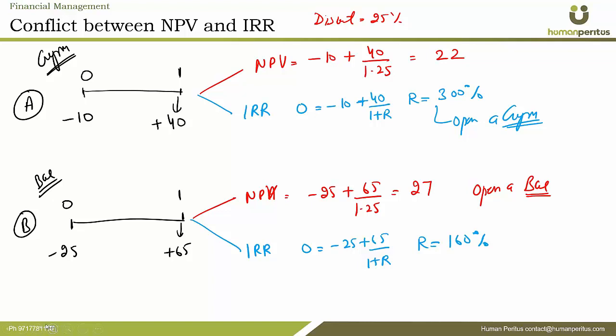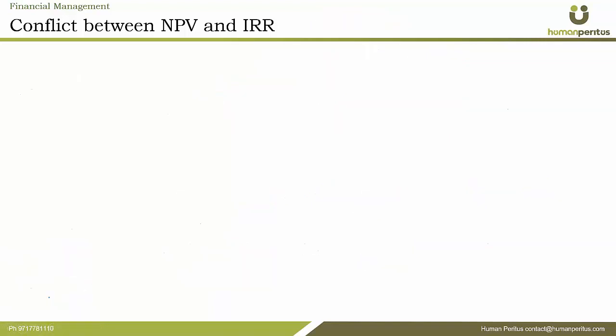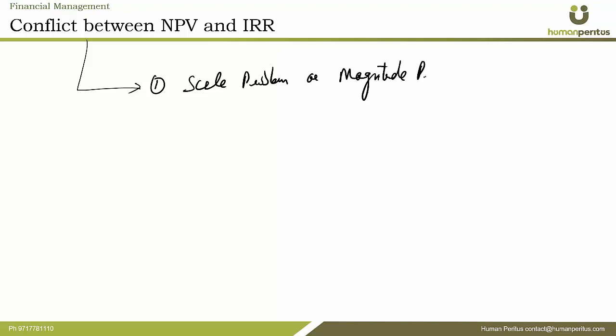So now the question is, when do we have this conflict? We have conflict between NPV and IRR because of three issues. Number one is known as scale problem or magnitude problem.